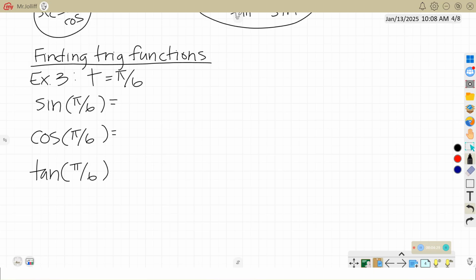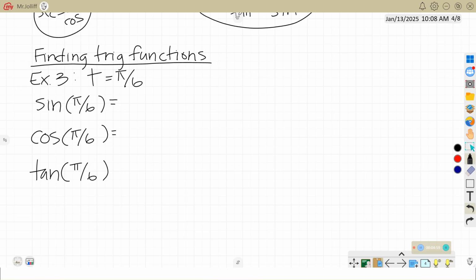That's a really common angle measure that pops up. So you're going to need to flip back to your 5.2 notes. And in your 5.2 notes, there was that first quadrant picture of the unit circle. And we want to know what sine and cos are for pi over 6.